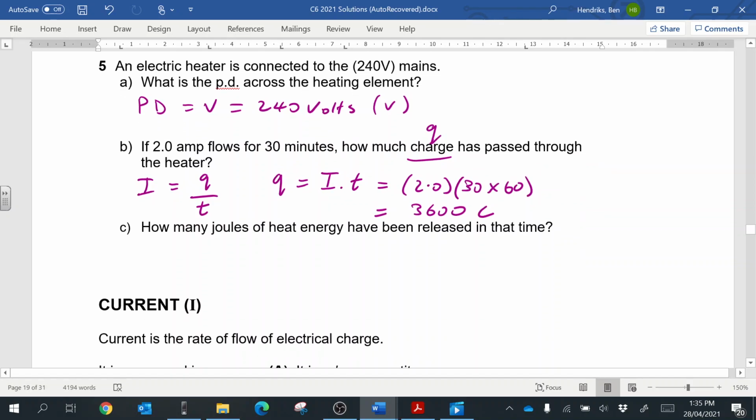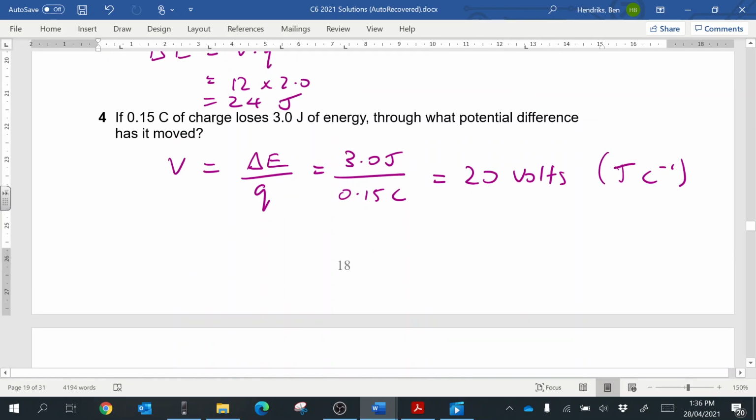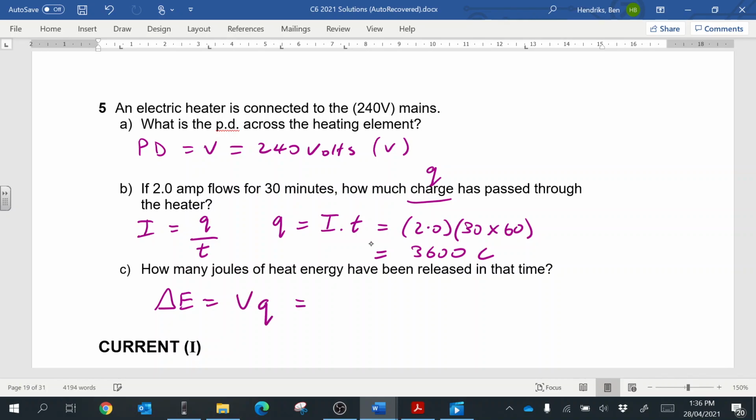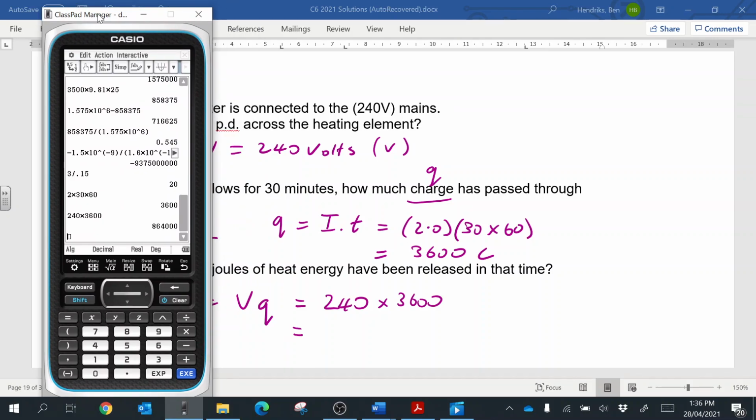So that's quite a lot of charge passed. How many joules of heat energy has been released in that time? If we go back up again, we see that change in E is equal to V times Q. So we have 240 volts times 3,600 coulombs, which is equal to quite a lot, 864,000 joules.